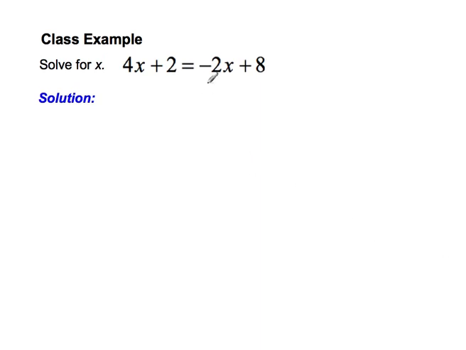Okay, welcome back. So here I'm going to bring my variable tiles to the left side. Okay. I zero that out. I have 6x plus 2 is equal to 8. And now I've just taken the step 3 equation and put it into a step 2.